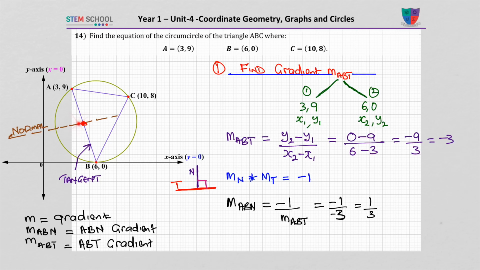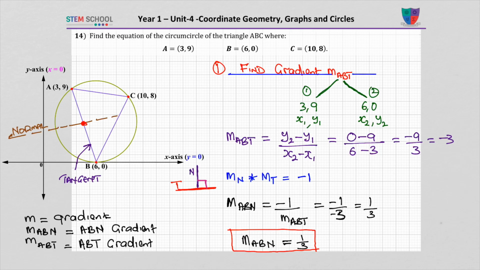Now I know the gradient of the normal to AB. All I need to do is find the midpoint here where the normal passes through. To find the midpoint, I need to use A and B to find the midpoint of AB. So MABN equals 1 over 3.